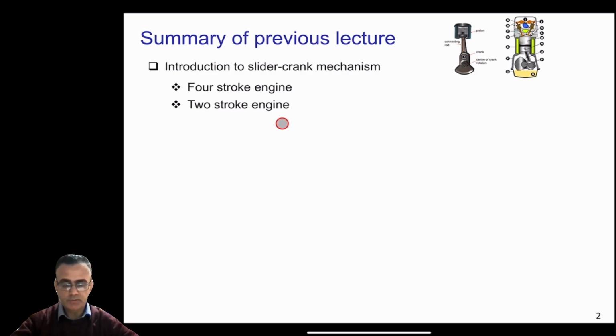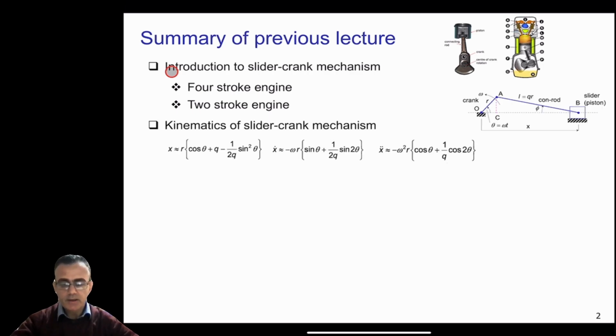In the previous lecture, we discussed mainly the slider crank mechanism, which includes four-stroke and two-stroke engines. Then we discussed the kinematics of the slider crank mechanism, so we derived equations for the displacement, velocity, and acceleration of the piston.